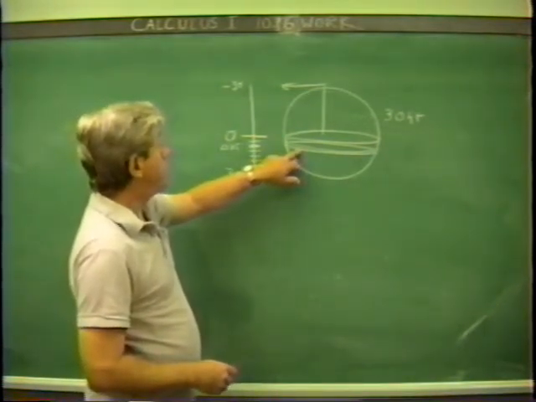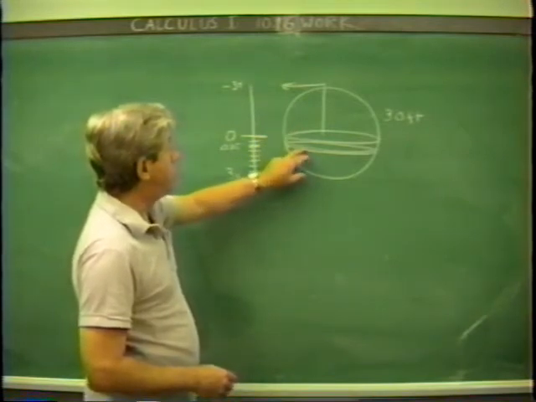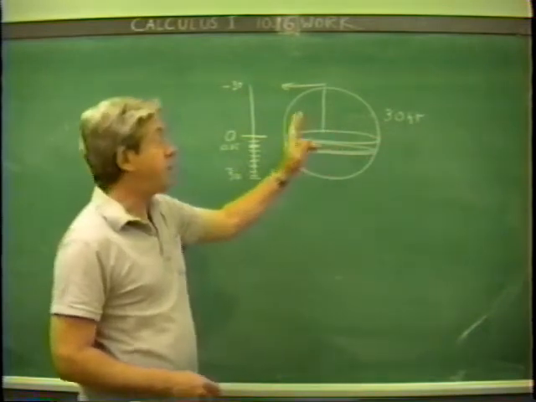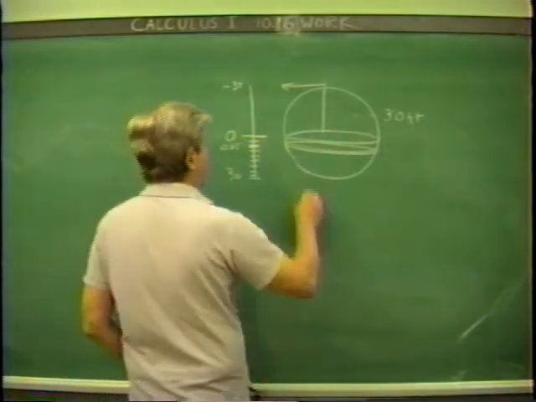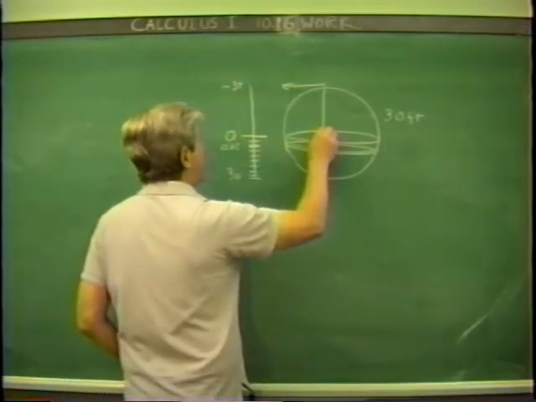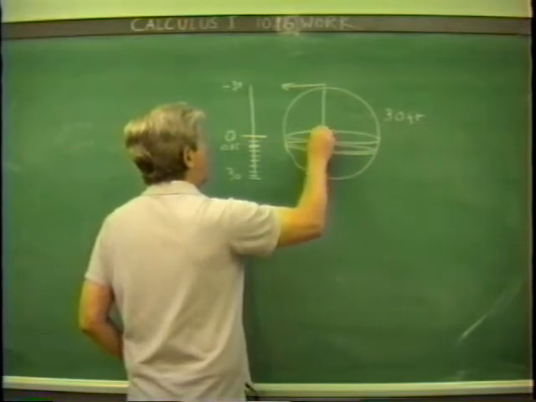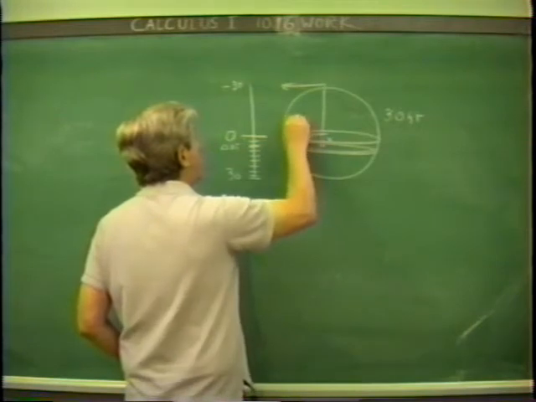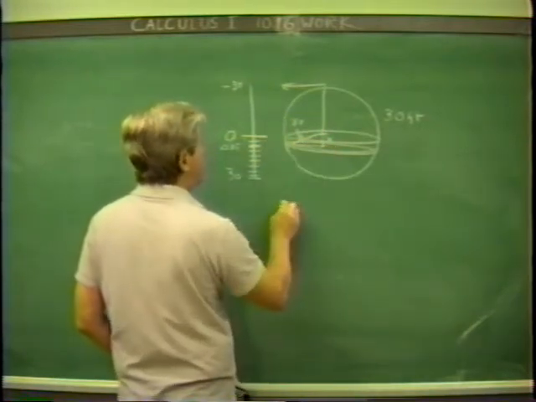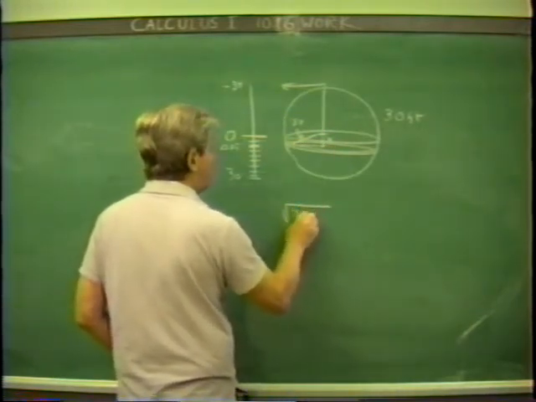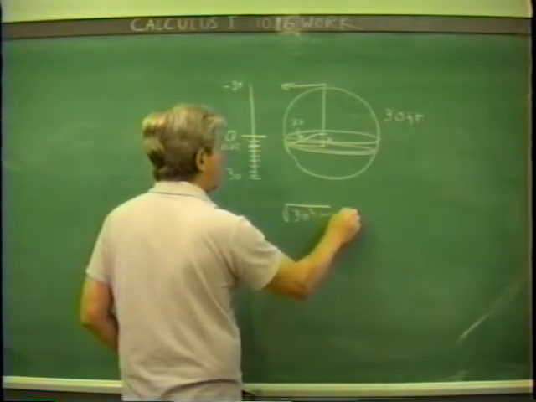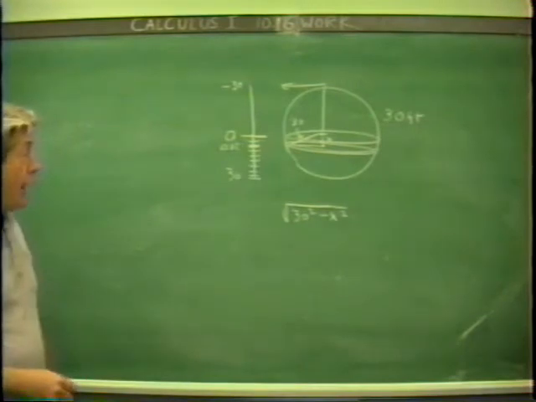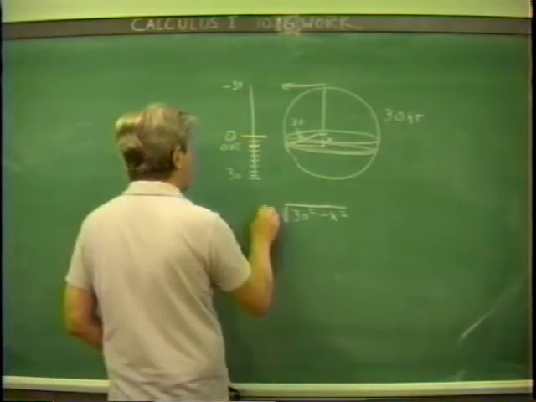Right? Here, however, the thing to note is that not only is the force varying, but the distances. That's to say, as you change through here, there are different weights that have to be lifted, and they also have to be lifted different distances. To determine those distances, we want to consider that this is x, right? And since this is 30 over here, the radius is going to be the square root of 30 squared minus x squared.